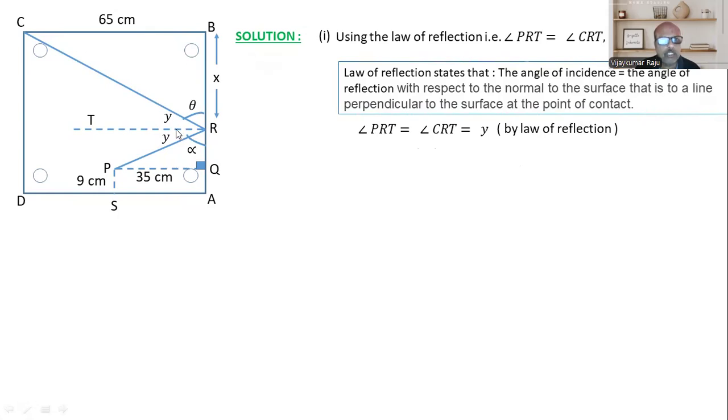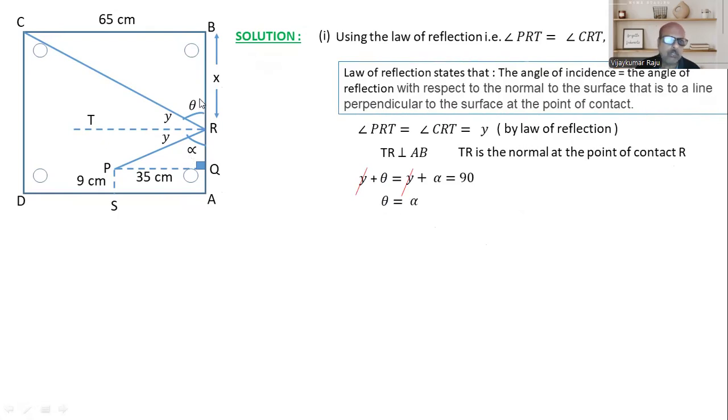So TR is perpendicular to AB, which means TR is a normal at the point of contact R, and normal means perpendicular. So y plus theta is equal to y plus alpha, because both are equal to 90 since they are perpendicular. So y cancels, and theta is equal to alpha. So these two angles are equal. So the first condition we have proved.